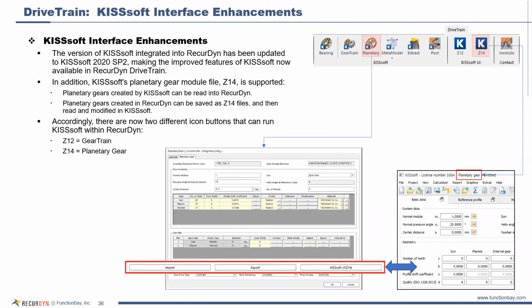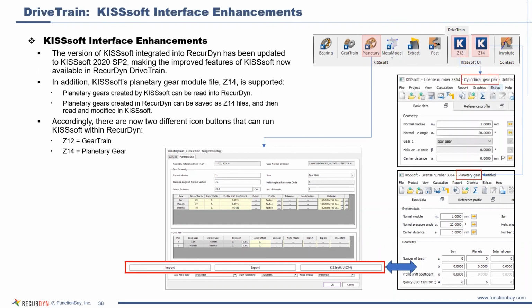So now with this addition, there are two buttons in the interface, where the Z12 button corresponds to the existing gear train capability, and then Z14 will bring up the new planetary gear capability.